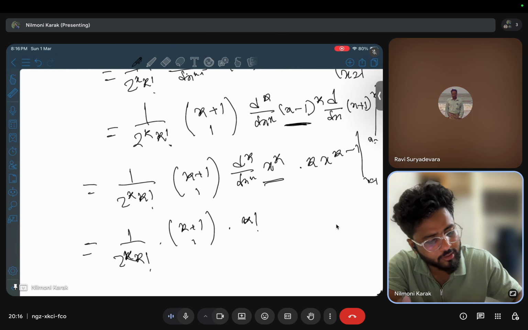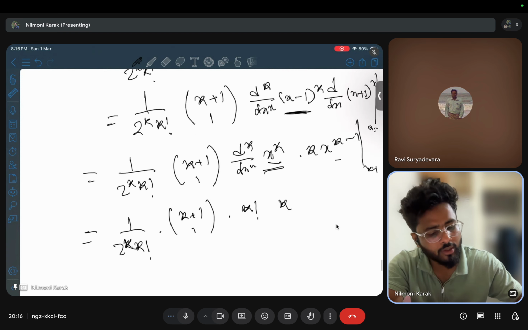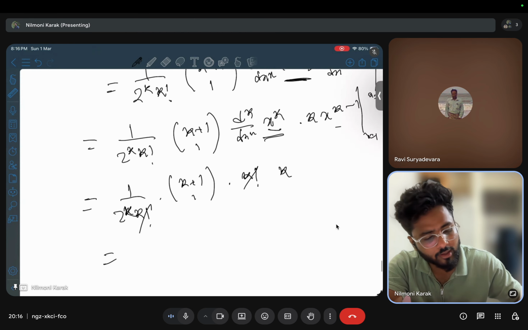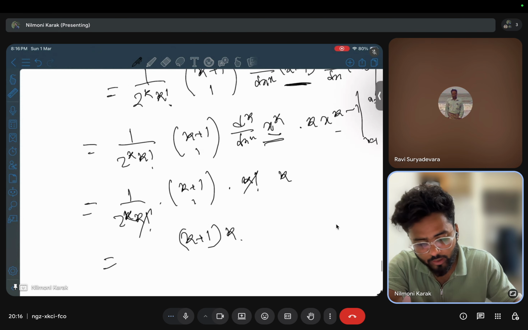So 1 by 2^k k factorial, k plus 1 choose 1. This is k factorial, this is k times, and this is k, at x equals 1. So k and k cancel.